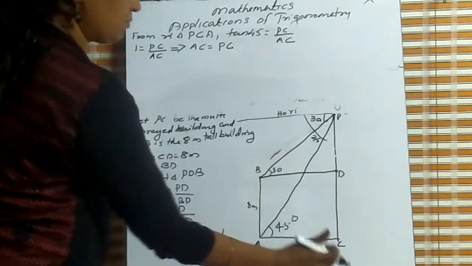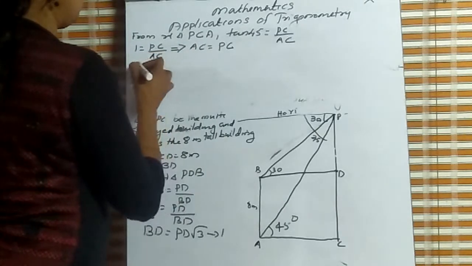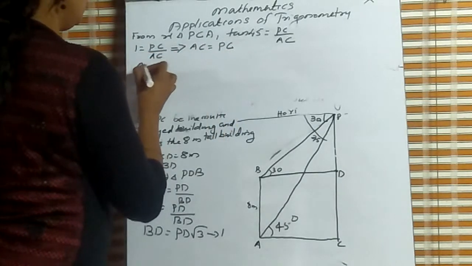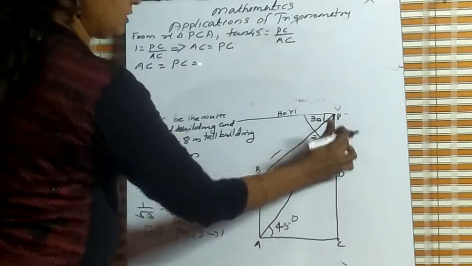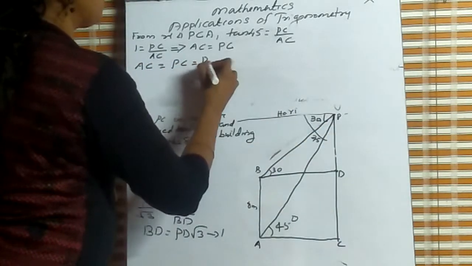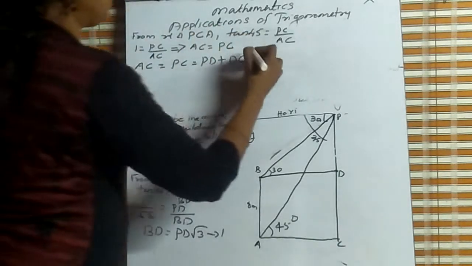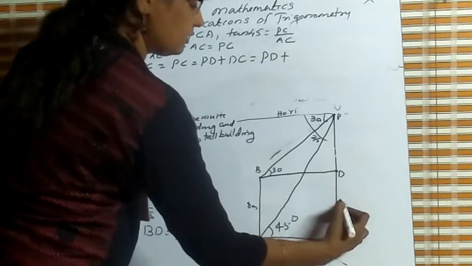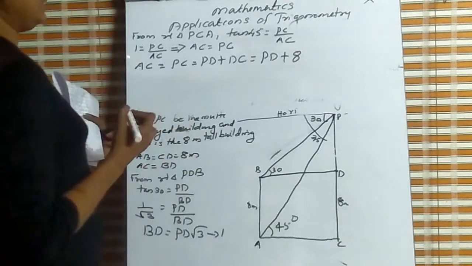What is PC from the figure? PC is equal to PD plus DC, equals PD plus, what is DC? This also is 8. PD plus 8.